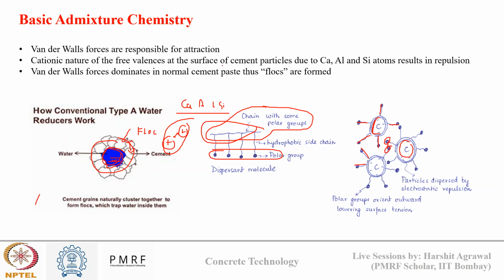Okay, so in this way, this plasticizer system works as a dispersing agent. The non-polar group is surrounding the cement grains, the polar group is moving the cement grains away from each other, and they are releasing the trapped water from between.